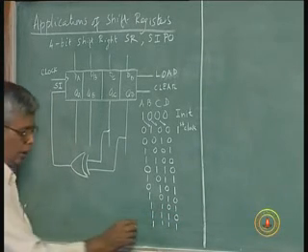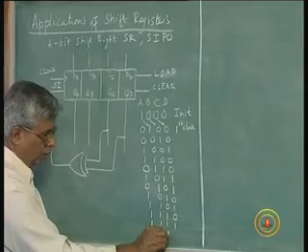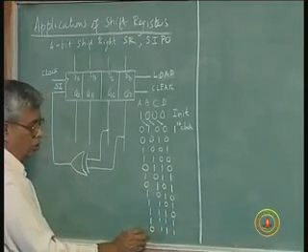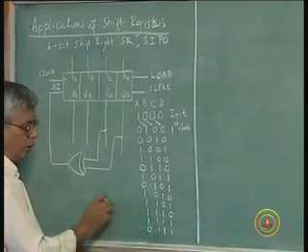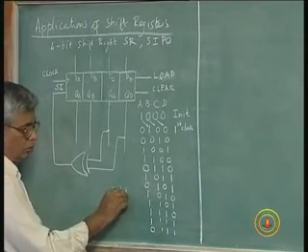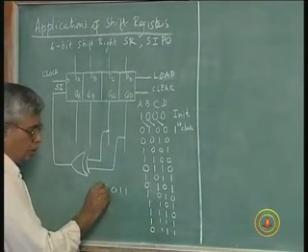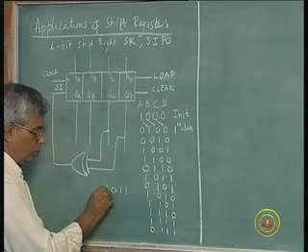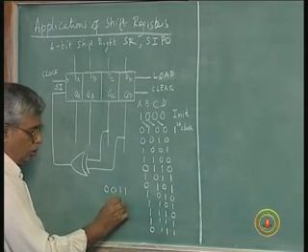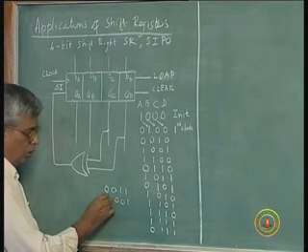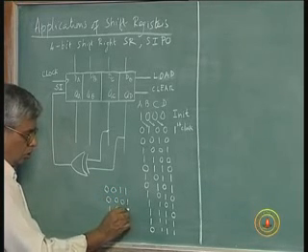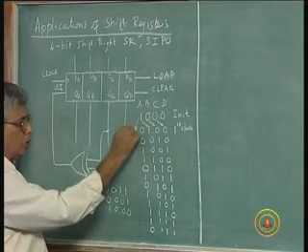Then it will be 1, 1, 1, 0. I will write here. After this it will be 0, 1, 1, 1, 0. Then 0, 0, 1, 0, 1, 0, 0. Which is this?